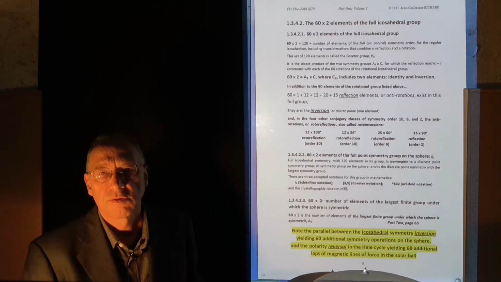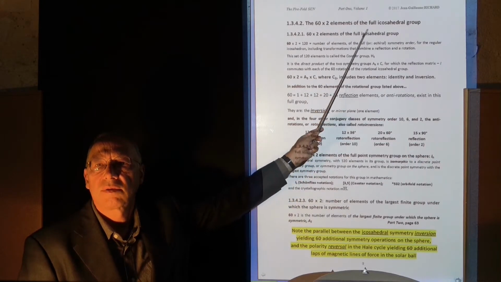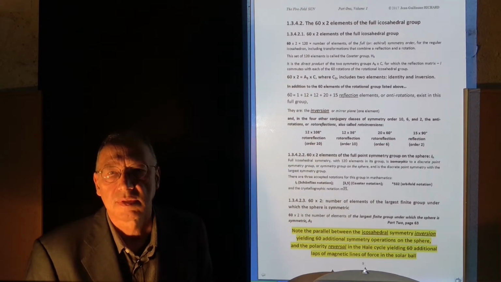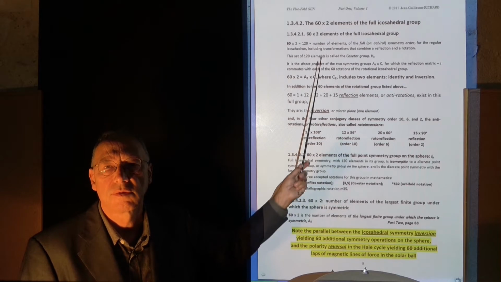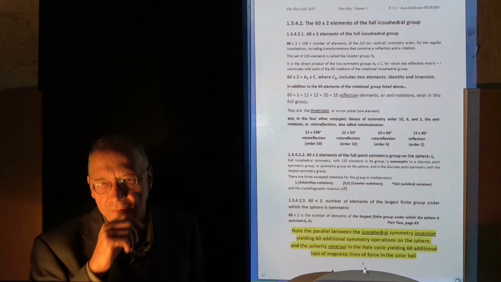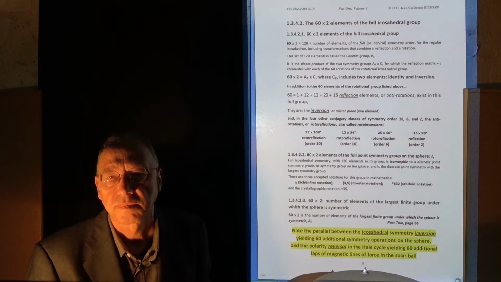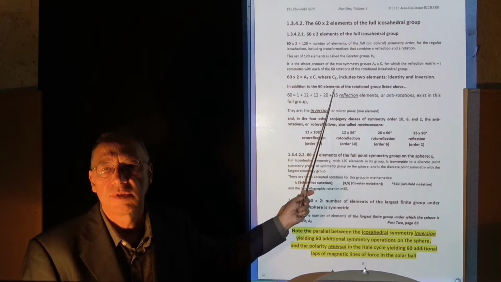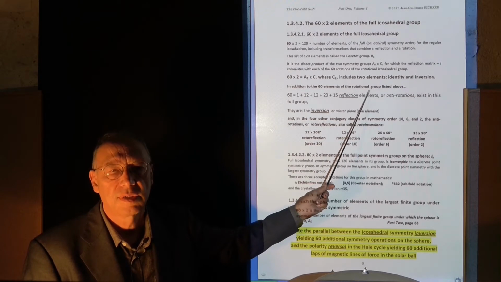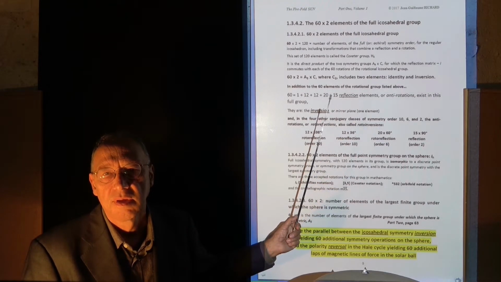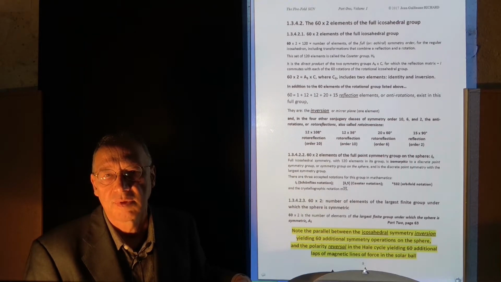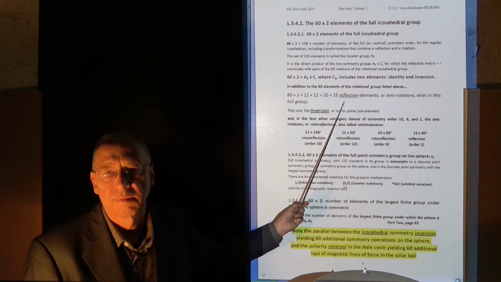If we turn now to the so-called full icosahedral group, it has twice the number of elements. 60 times 2 equals 120 elements in the full icosahedral group. And in addition to the 60 elements of the rotational group as listed in the preceding page, we have again 60 operations, 60 elements, which are reflection elements.